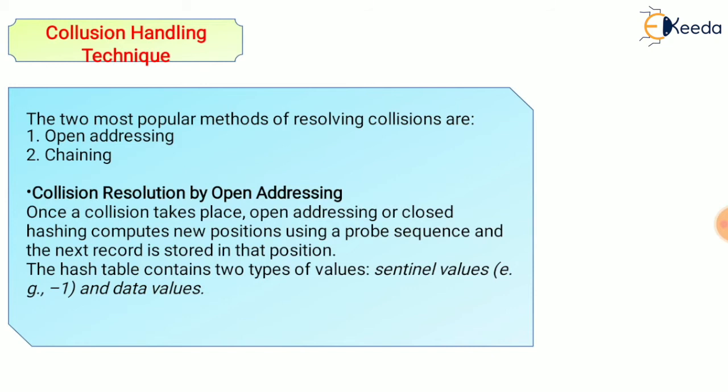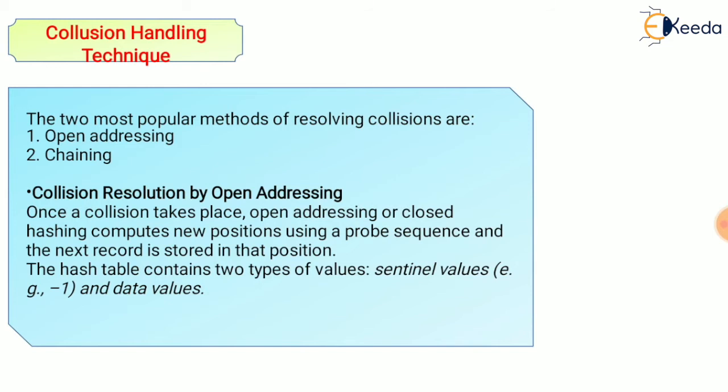Now what is collision? Collision means the chance of inserting more than one element at a single position, and that single position we find or calculate by using different hash methods.